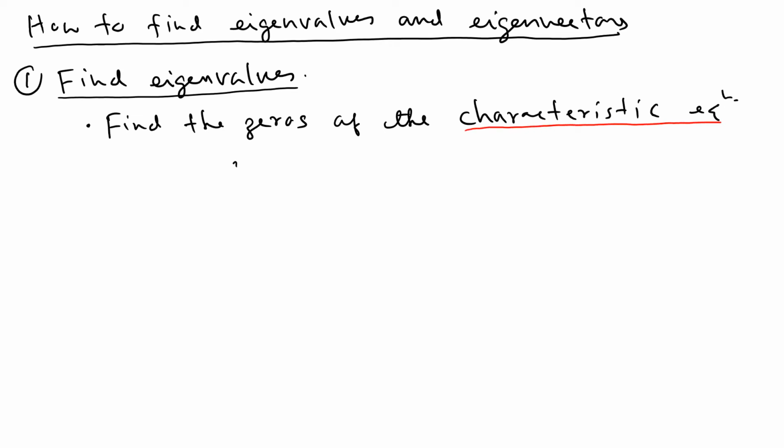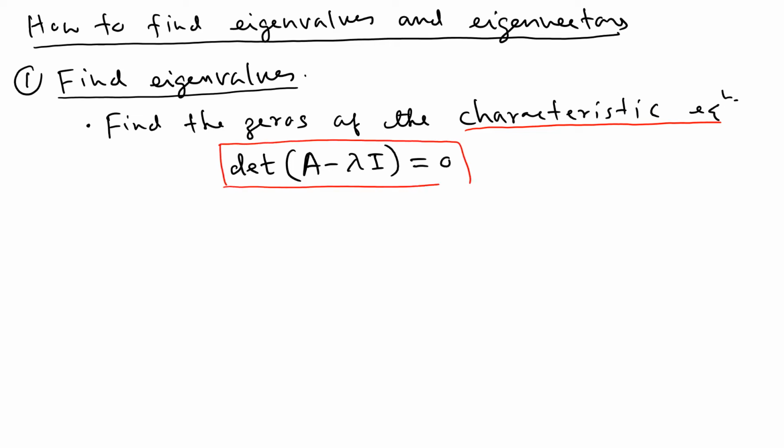It is simply the determinant of A minus lambda I equals 0. That's what we call the characteristic equation. When you expand it, it is a polynomial in lambda. Then we find the zeros of that, and those zeros are the eigenvalues. That's the first step.